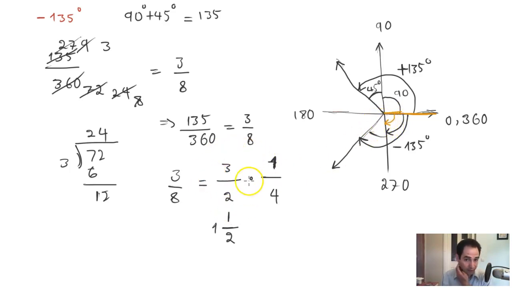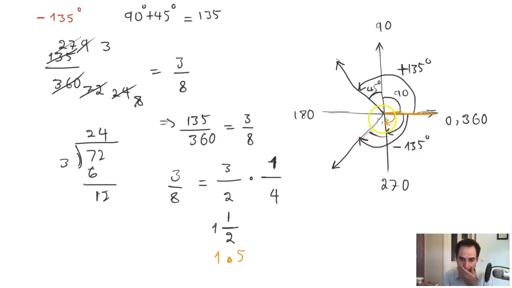3/2 is basically 1.5. So that means you are increasing this angle by 50%. Multiplying by 1.5 means that you're increasing by 50%. So 50% of this angle, which is 90 degrees, is 45 degrees.